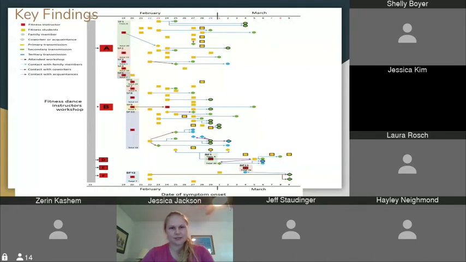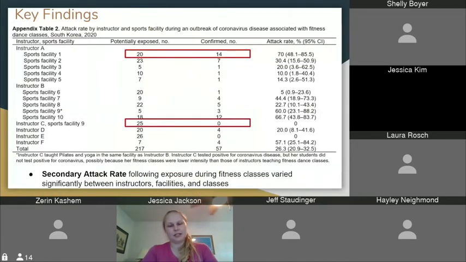And so some of these findings, what they did when they were looking at these instructors here, is that one thing they found is some instructors wound up infecting the majority of their students, and some instructors wound up infecting none of their students. And then there was a bit of a range between these instructors.